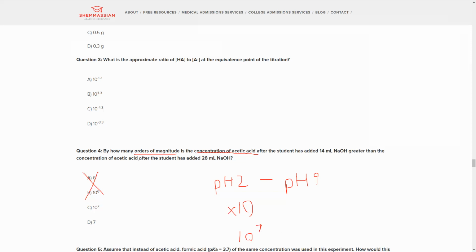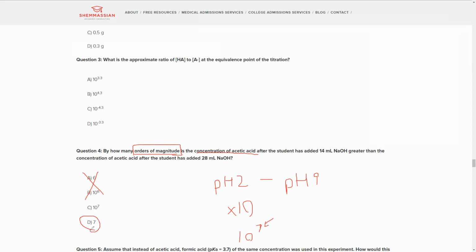But this is why we always have to think about what we are being asked for. What do we want to get? This is not asking for the difference in the protons or the exact value of the concentration difference. This is asking for the orders of magnitude, and the orders of magnitude specifically is referring to this value, the 7.